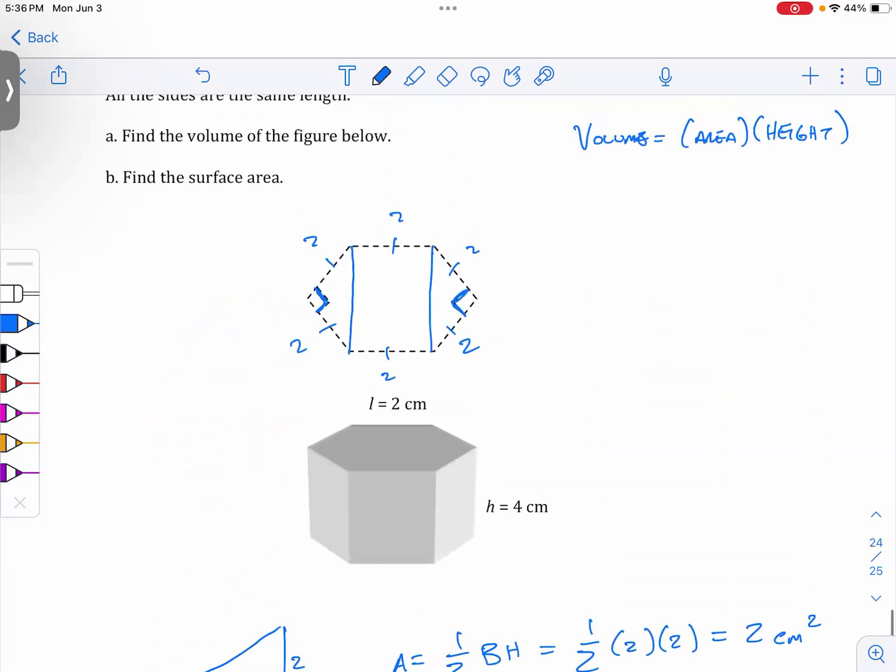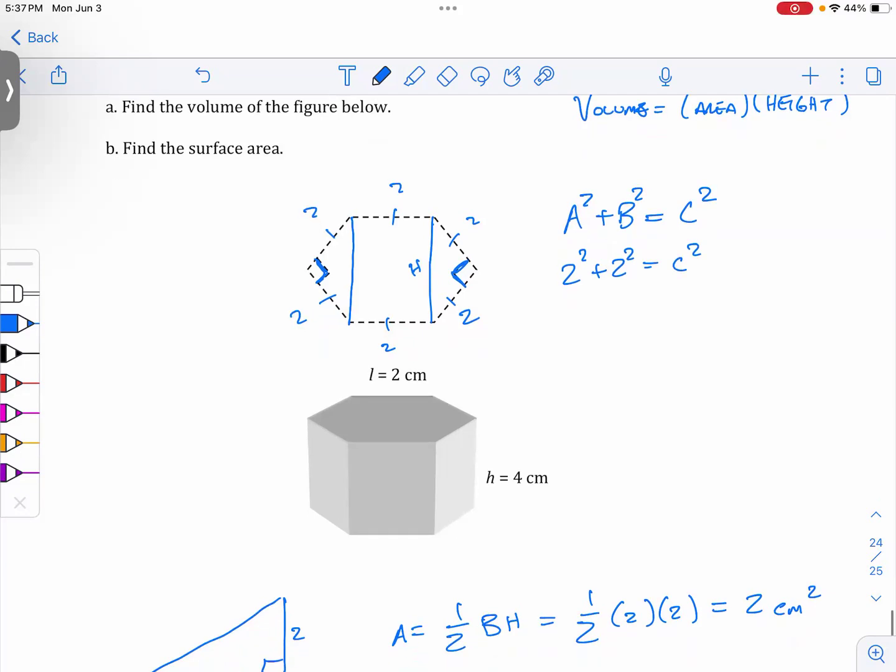The rectangular solid has a base of 2, but a height that is unknown. But again, because I'm told this is a right angle, what wonderful theorem can we use? Pythagorean theorem. So 2 squared plus 2 squared equals c squared, which means c equals 2.83.